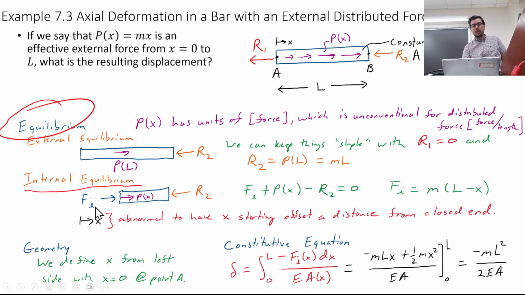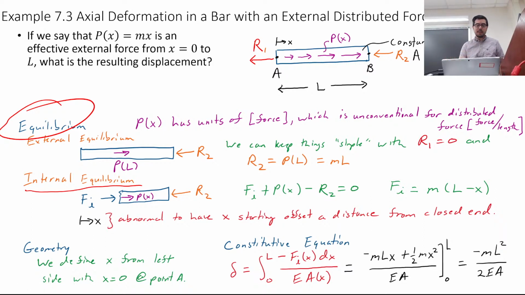We can say that we have an internal force acting on this system. We have an external P acting on this system, because this is the external P, and we have this R2 acting on the system. Now, this is a little bit unconventional because usually we define Fi as coming out.